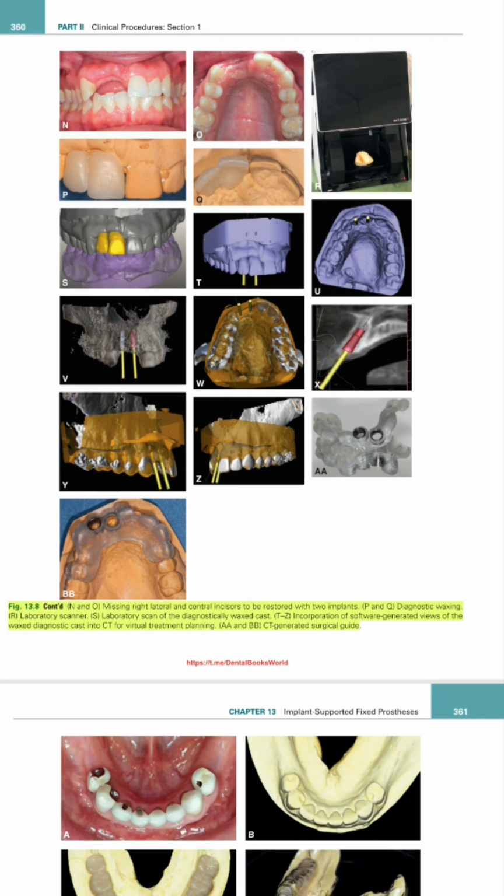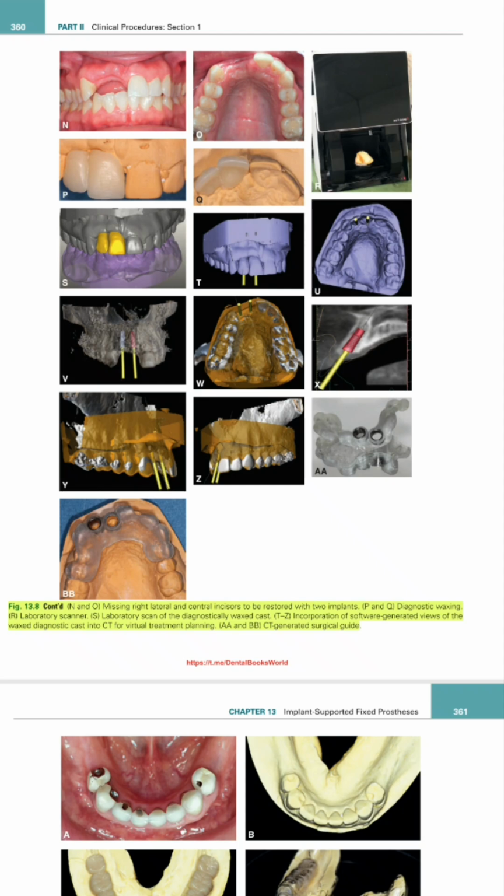They were replaced by 2 implants after we did a diagnostic waxing of both teeth. After we scanned the cast with the 2 waxings, we incorporated this scan with a CBCT image to orient the precise site of the implant. Then a surgical guide was printed, and this is the final surgical guide.